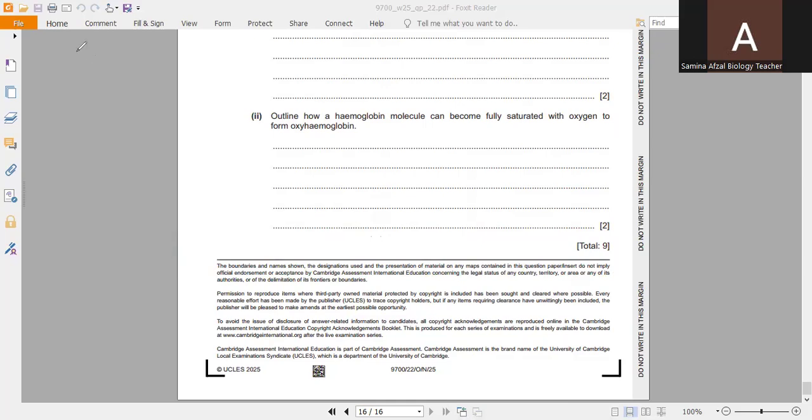This is a very simple question in which we have to show what saturation is, which involves cooperative binding. The question is again of 2 marks. One hemoglobin molecule can bind with a maximum of four oxygen molecules because it consists of four polypeptide chains. Four heme groups are attached to four chains, one with each chain.